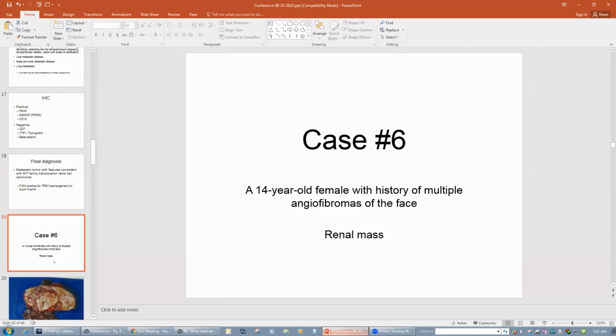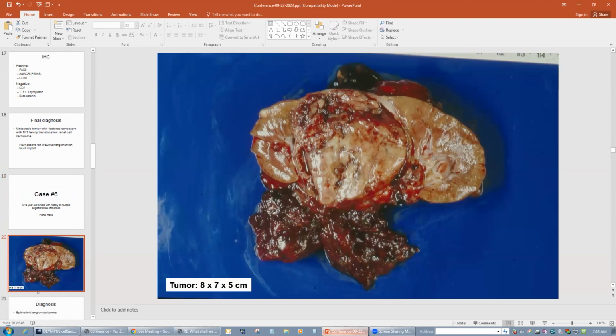This one is a 14-year-old female with a history of multiple angiofibromas of the face. She has a renal mass. So history is important. This is the tumor. This kidney, the residual kidney, has this large tumor, fleshy, yellowish, with lots of hemorrhage. Let me show you.